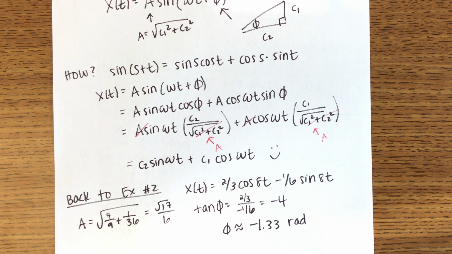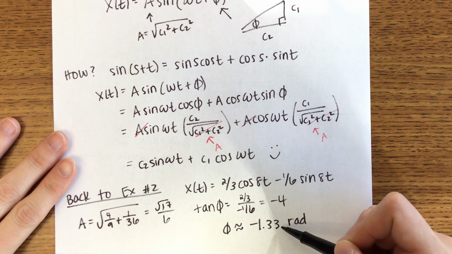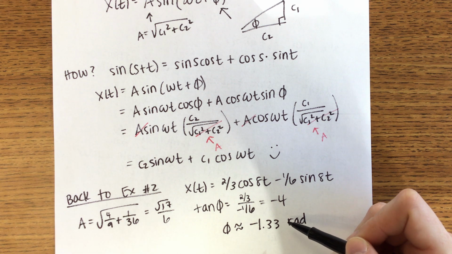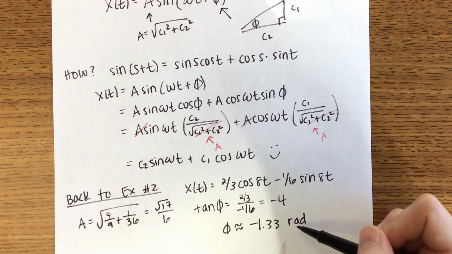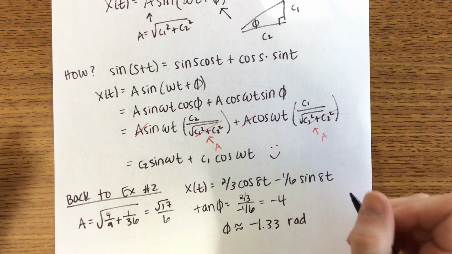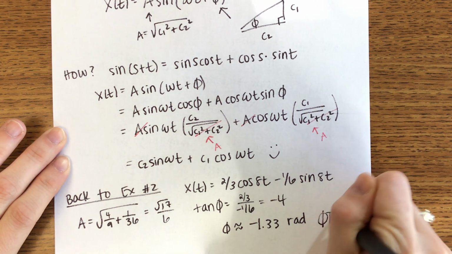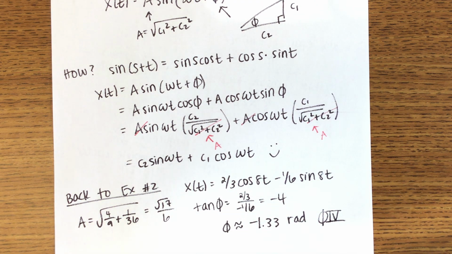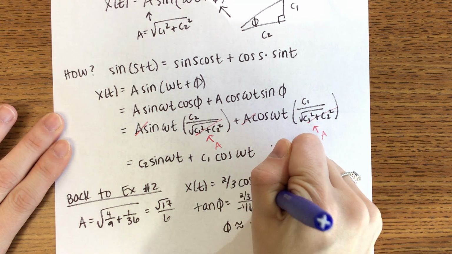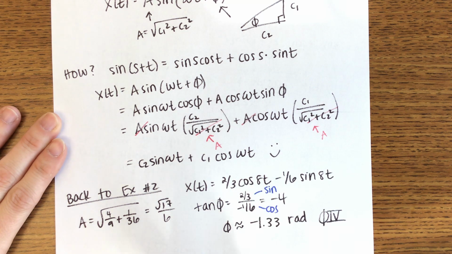Now, this is the one that's tricky. Remember that tangent is negative in 2 different quadrants, so you need to make sure that this is the tangent that you want. What quadrant will this be in? Negative 1.33 radians is in the fourth quadrant. Okay, if we go back to what we started with, numerator is sine, denominator is cosine.